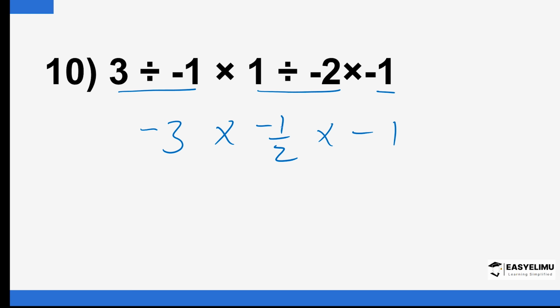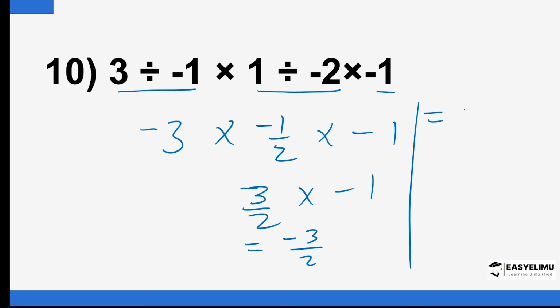So -3 by -1, that is going to be 3, because signs are the same. And then by -1, so that is going to be -3 over 2, which then reduces to -1 and 1/2.